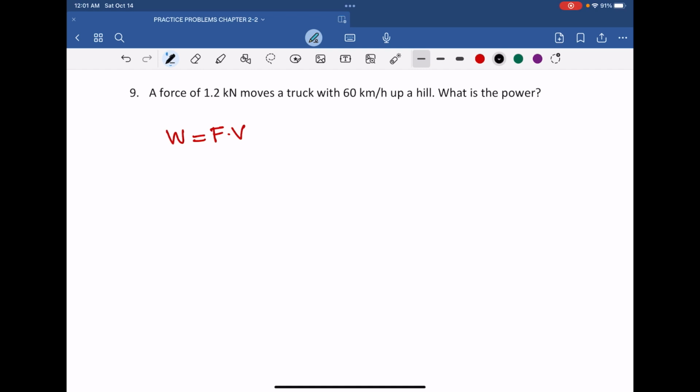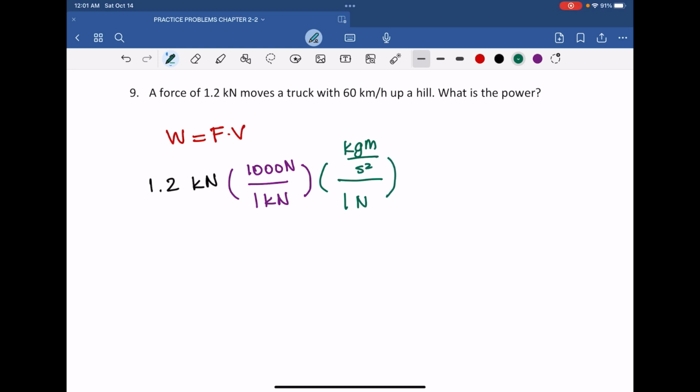Basically force is 1.2 kilonewton. I'm going to add some unit conversion ratios here. 1 kilonewton is 1000 newton, and 1 newton is 1 kilogram meter per second squared.